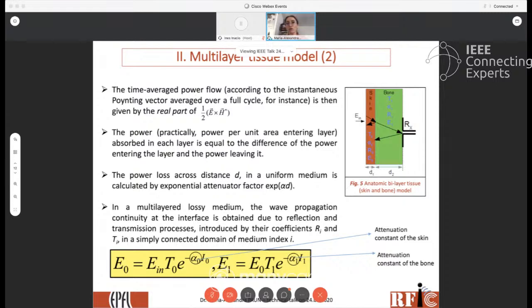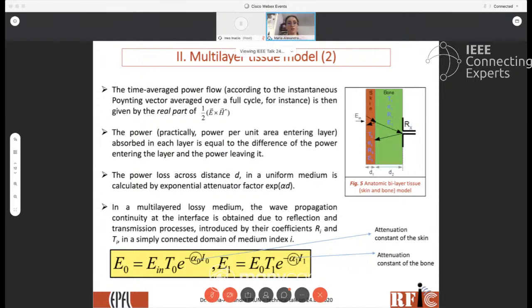Okay, if you want to look more, let's say, or deeper into the physics of this multi-layer or bilayer tissue model, one can look obviously at the time average power flow, which is given by the Poynting vector, as you probably remember from the courses in physics. This is given by the real part of two important electric and magnetic intensity vectors strength.